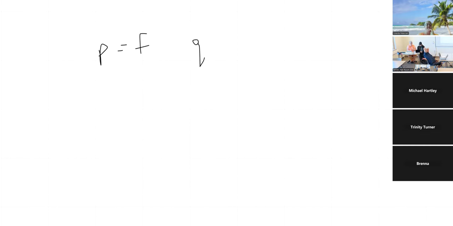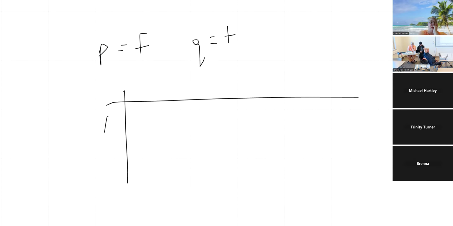I don't need the whole truth table, right? So P is true, Q is false. I don't need the whole table because they've already established that. And they're looking for P, then Q, and P. Therefore, Q.